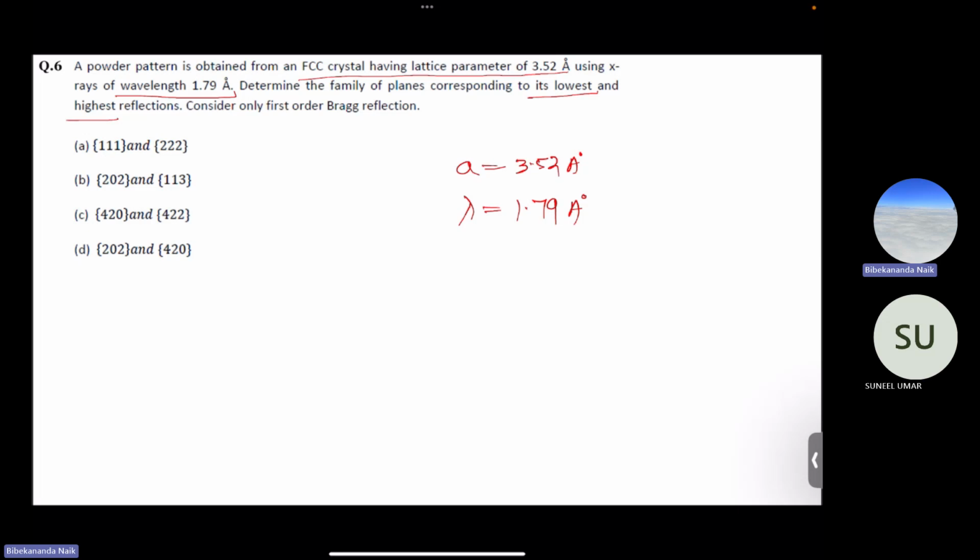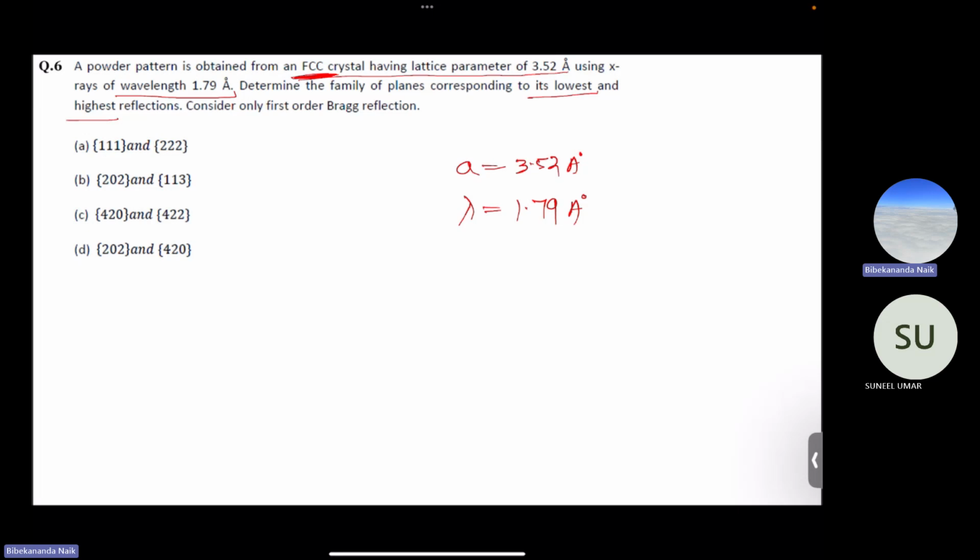Okay, so we were also talking about the same things in the previous week. Since the question says it is an FCC crystal, and in an FCC crystal, only those sets of planes whose Miller indices are all even or all odd will show diffraction peaks in the X-ray diffraction spectra.